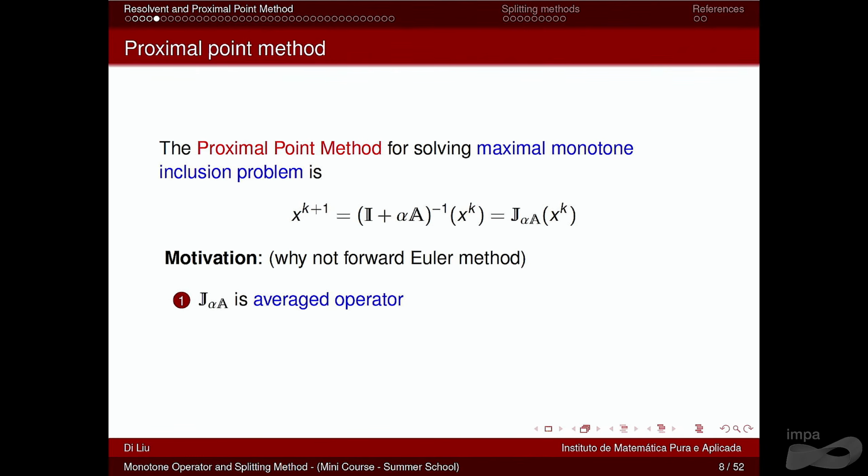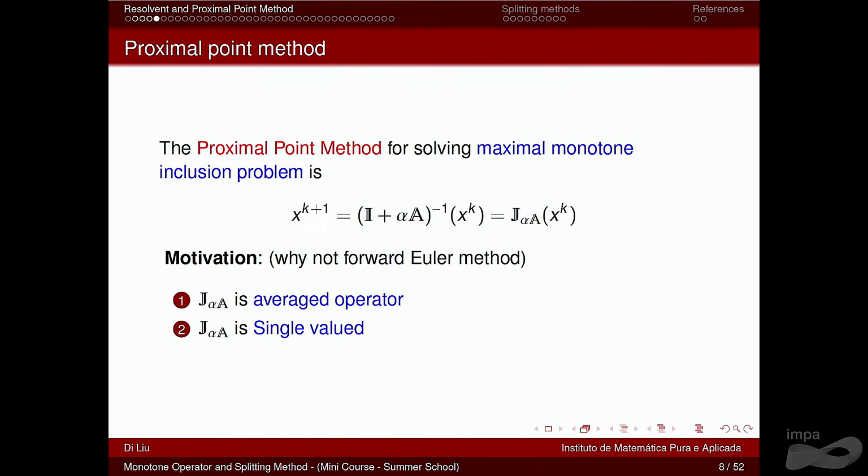But we can guarantee that the resolvent of A, which is the inverse of identity plus alpha A, is single valued. So this iteration is well defined, and also we can say it converges because of Theorem 1 we analyzed before.